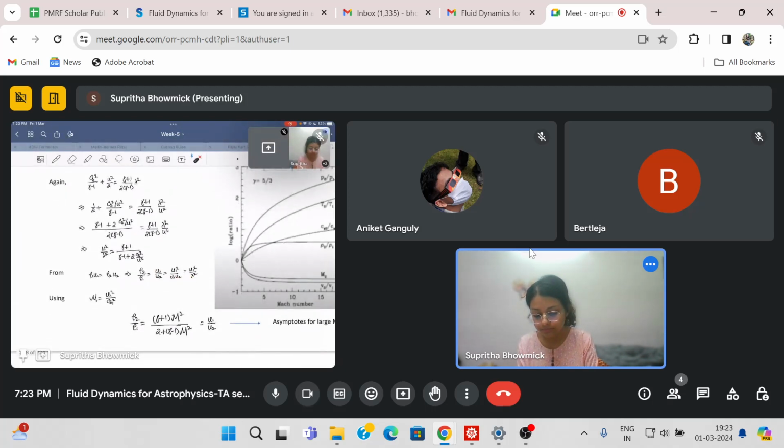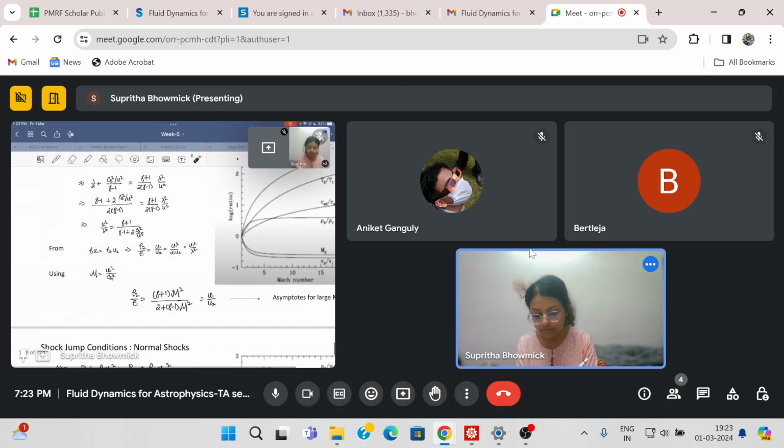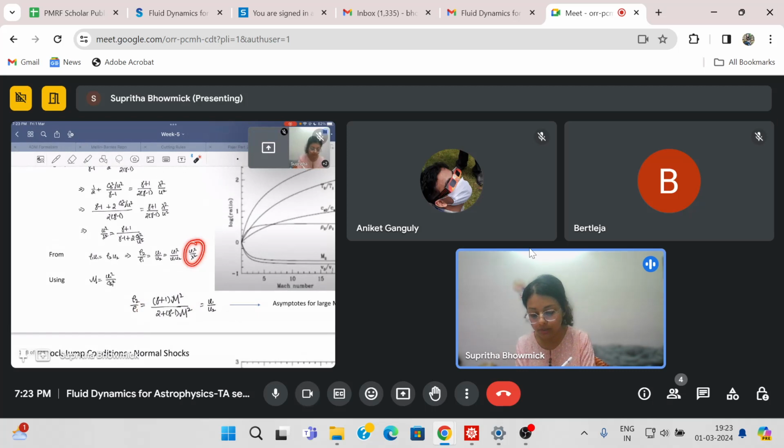So rho2 by rho1 is u1 square by lambda square, and using Mach equal to this, we get this. Because u square by lambda square is equal to this, right? So we write down this. So what do you get?